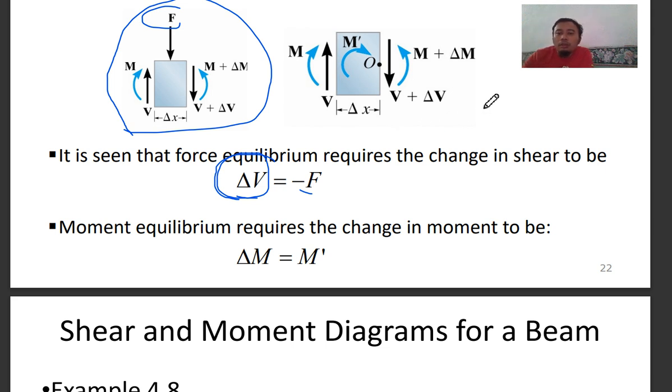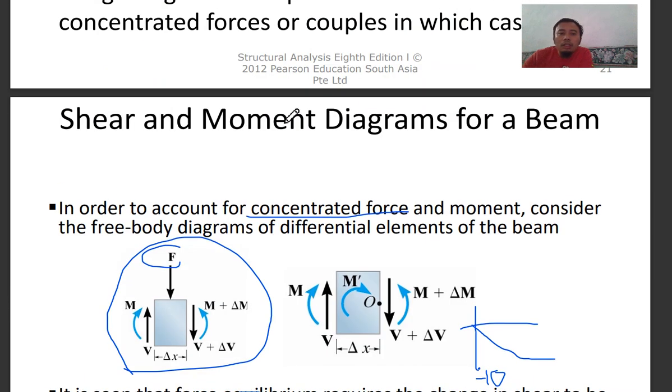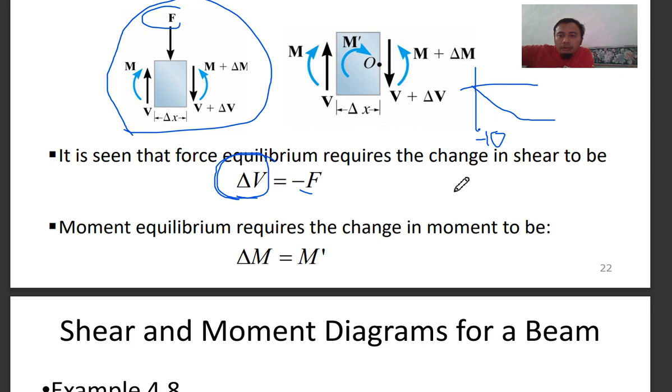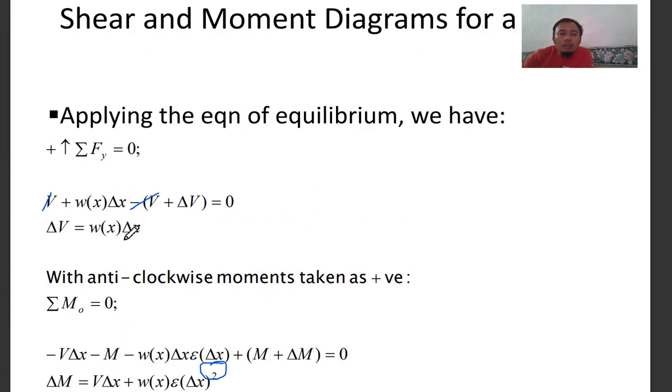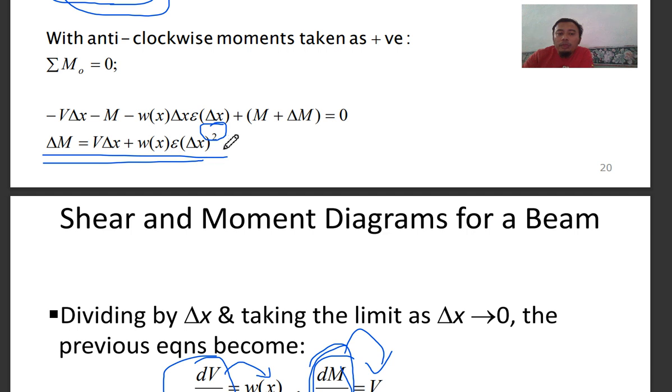For example, if the value of F is 10, your graph would show negative 10 here. Instead, if it is a distributed load, there will be a function, a linear graph for shear because your function is w times x, whereas for moment it is a curve because of x to the power of 2.